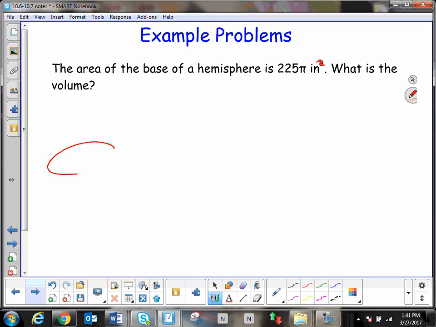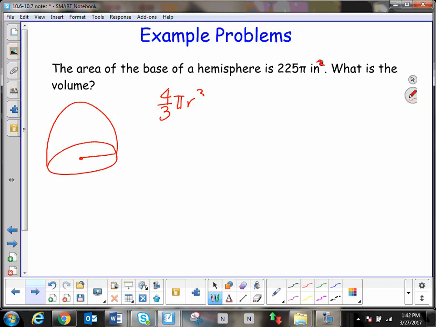So I'm going to try to draw it. Just draw like an oval, and then draw something like that. There you go. And then we have a radius. We don't know what that is, but we can probably figure it out. So what's the volume formula again?